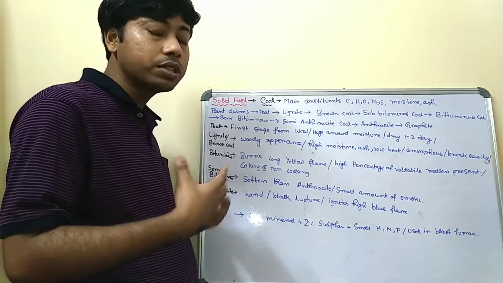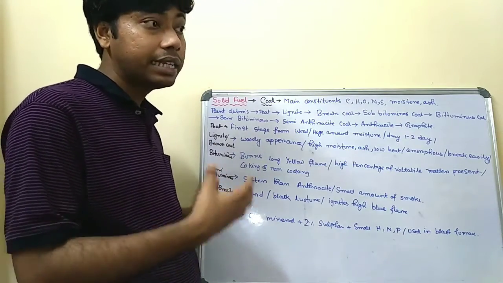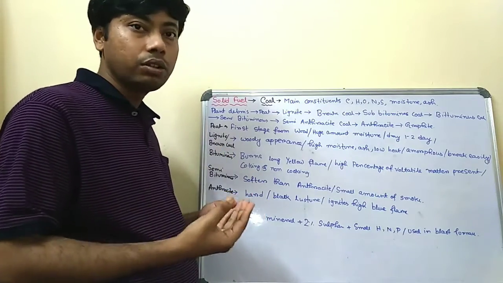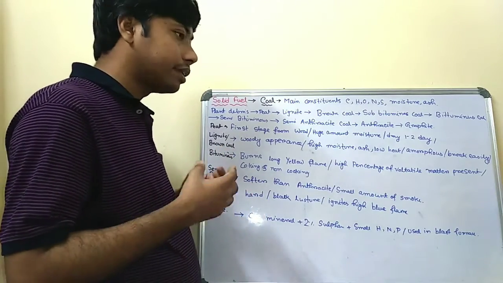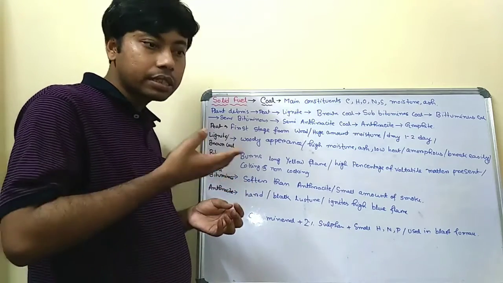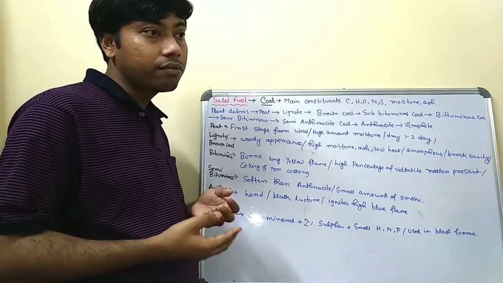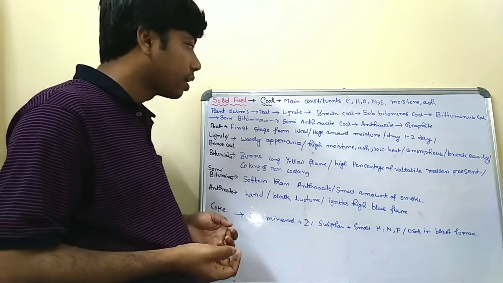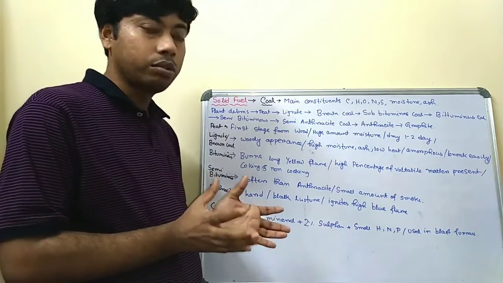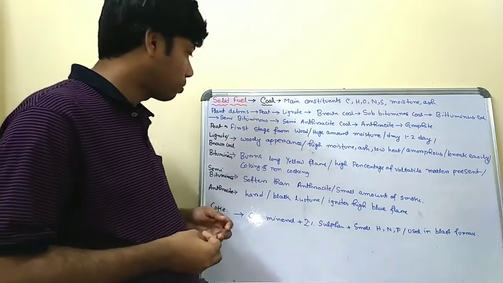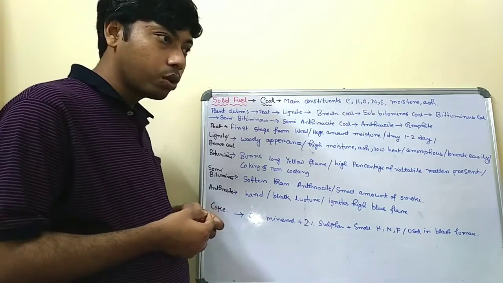Because of the moisture, it produces less heat energy. To increase its efficiency, you can dry it for 1 to 2 days so that the moisture is released and the quality is increased. So peat is that type of coal.